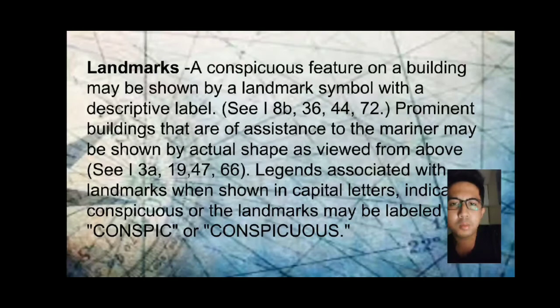Prominent buildings that are of assistance to the mariner may be shown by actual shape as viewed from above. Legends associated with landmarks, when shown in capital letters, indicate conspicuous, or the landmarks may be labeled conspic or conspicuous.